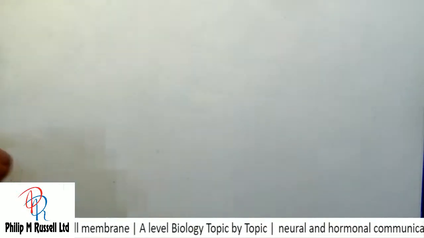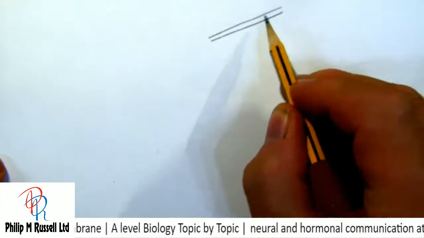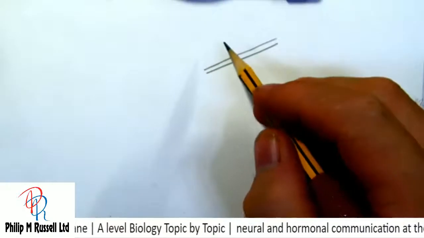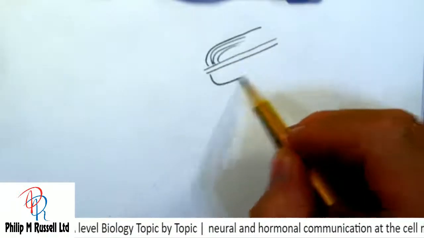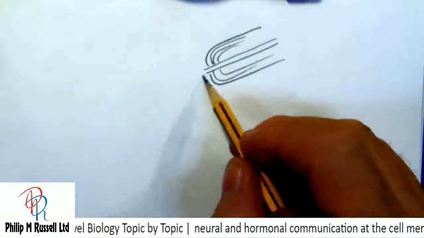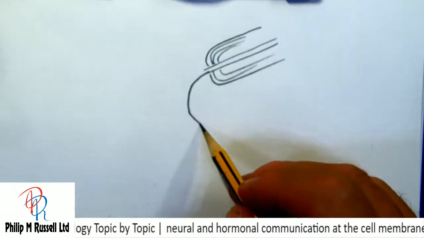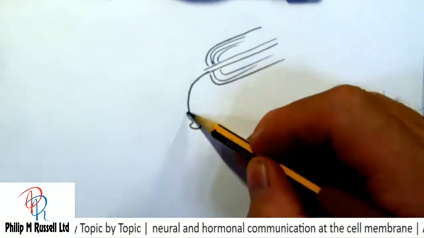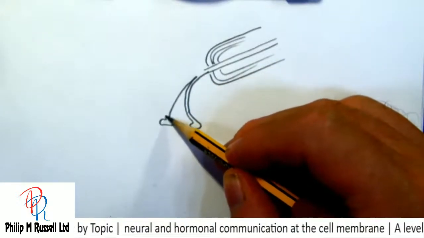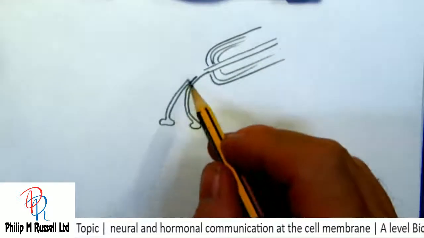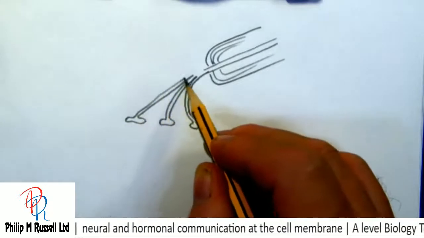What we've got basically is some sort of nerve fibre coming in. This is an axon, and these will have some sort of myelin sheath here, and this will then go out to a whole series of little junctions, I suppose, with the nerve.